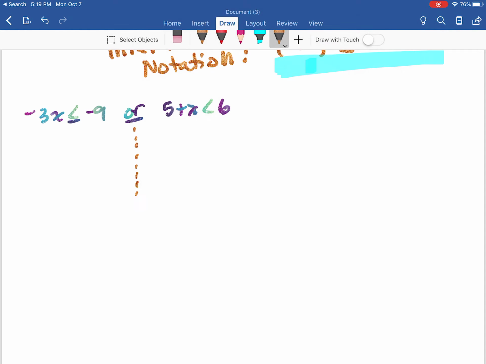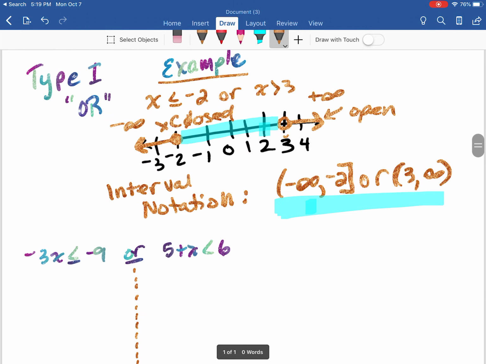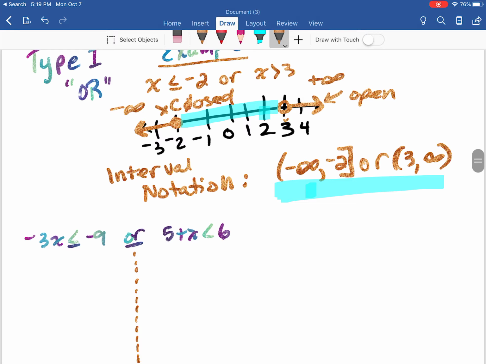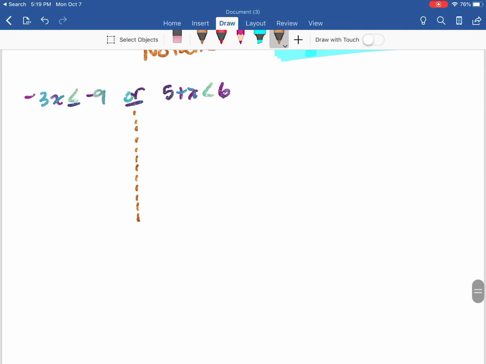In order for me to solve this, this is a little bit different from what we talked about up here. Here it's already done for us. Here we need to do some work. We need to have x by itself, just like a normal equation. Treat them like an equation, just like we did the other inequalities. But with this "or" statement, I'm going to treat this as two separate inequalities. So I'm going to go ahead and solve this.